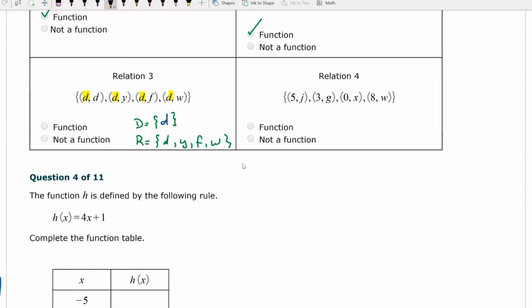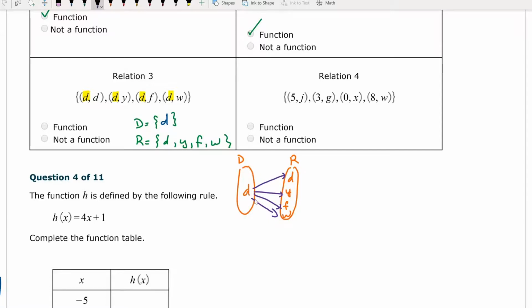So if we do mapping here, in the domain, the only option is D. Your range, you have multiple options. You have D, Y, F, and then W. And we see that the first coordinate, DD, means D goes to D. Next one, DY, D goes to Y. DF is D goes to F, and DW, D goes to W. So think about people and places.